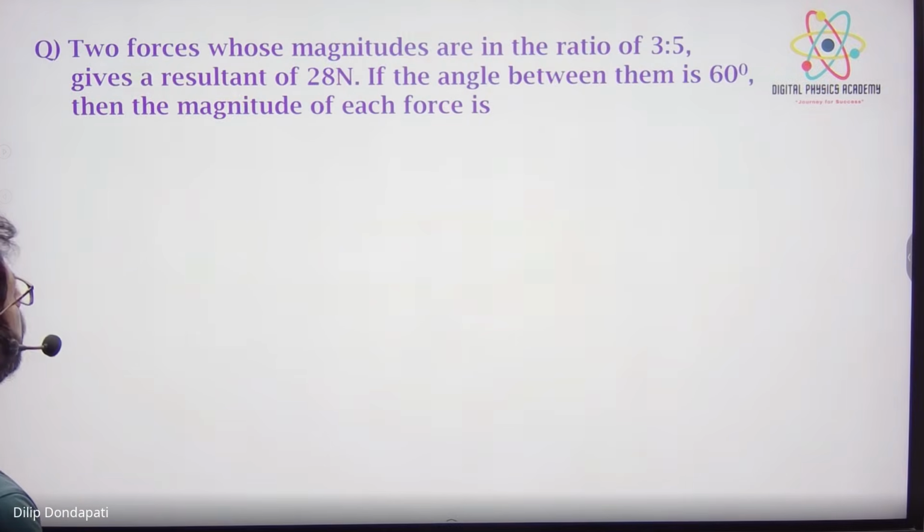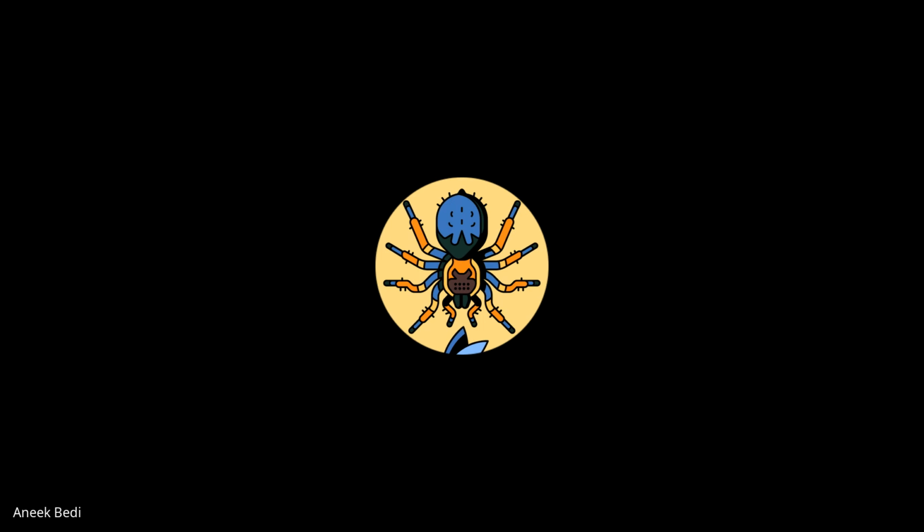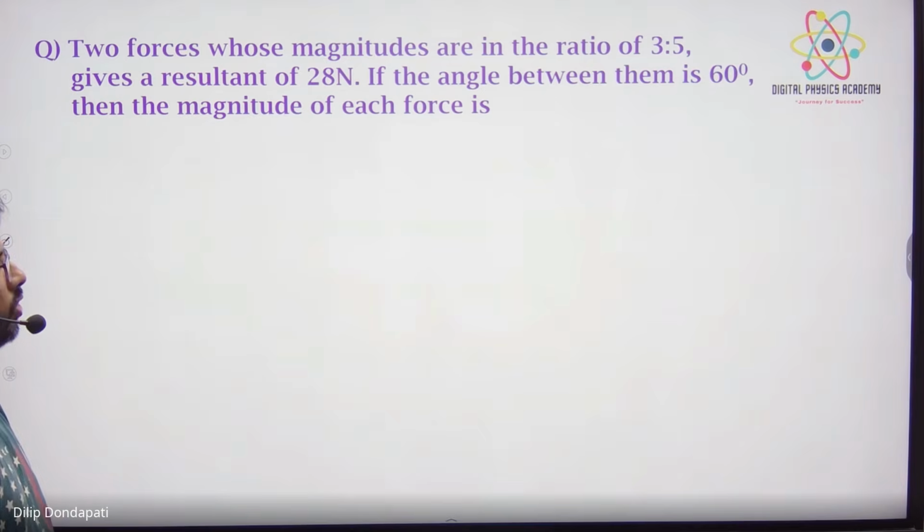Two forces whose magnitudes are in the ratio 3:5 give the resultant 28 newtons. The angle is also given, 60 degrees. Find the magnitude of each force. Solve.